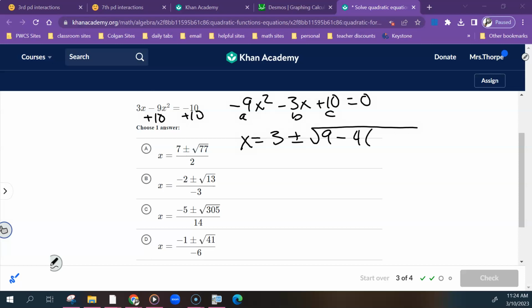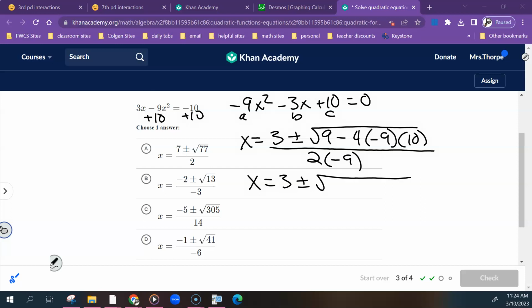Minus 4 times negative 9 times 10, all over 2 times negative 9. And then simplify. Negative 4 times negative 9 times 10 would give us what?